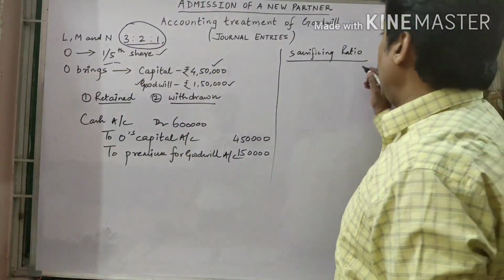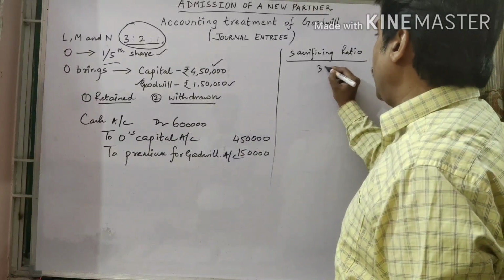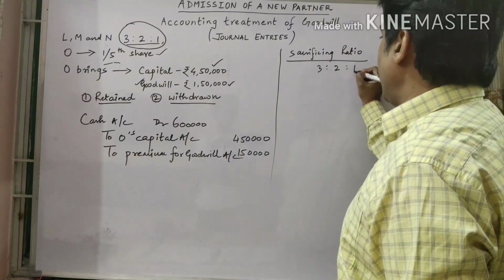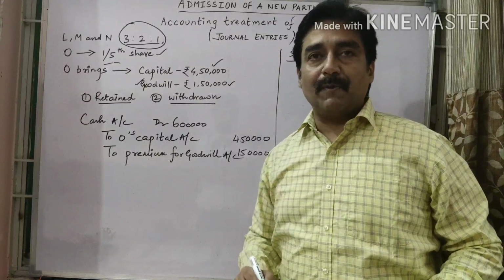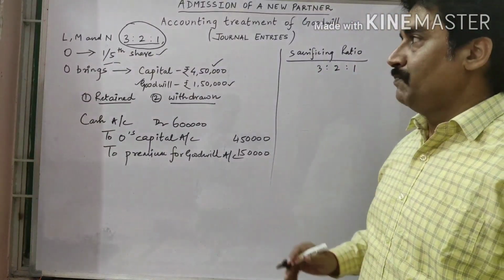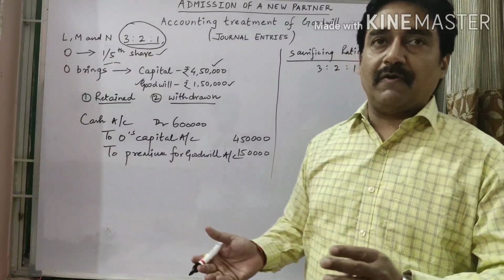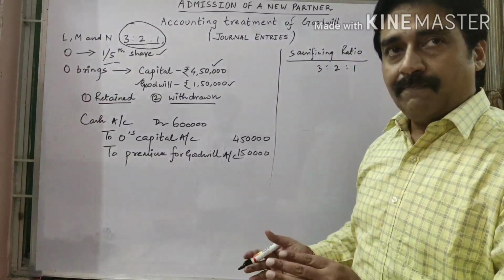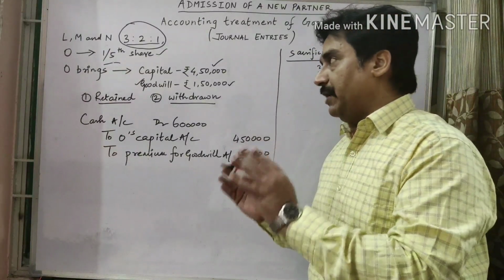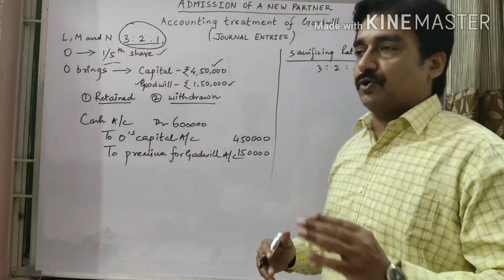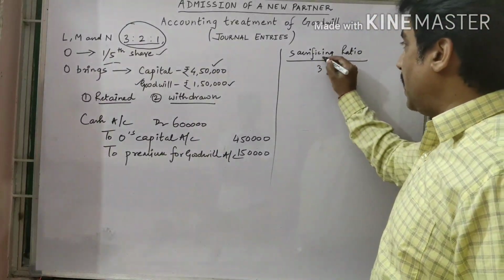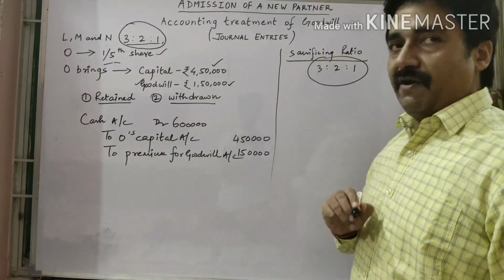Therefore, in this question we have the sacrificing ratio straight away in front of us. In any other question where the new ratio of the partners is separately given, we will have to calculate the sacrificing ratio separately. But here we have the sacrificing ratio straight away.